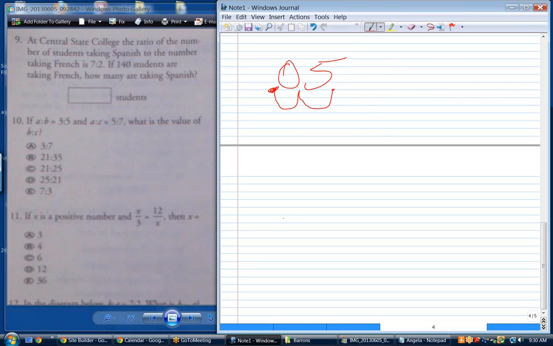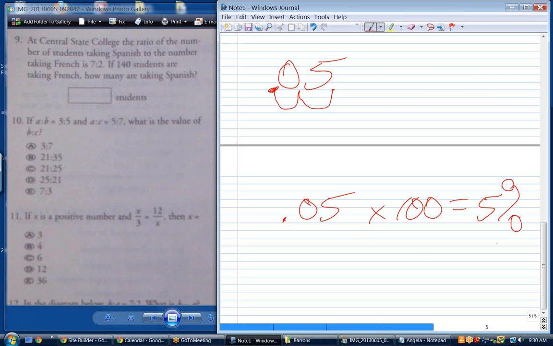If I start with 0.05 and want to convert that to percent, I multiply it by 100 instead of divide it by 100. And that's equal to 5%. So converting between decimal and percent is a piece of cake.